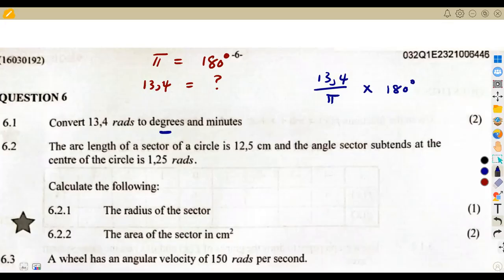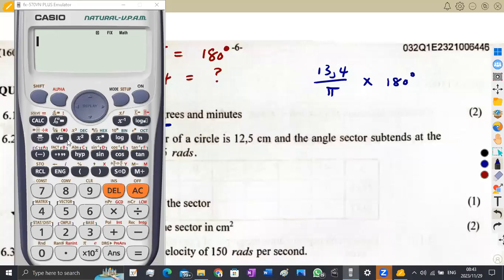Okay, so if we do this, let us just see our calculator also here so that we can have our values. Let me remove this fix and go back to the normal mode. So this is 13.4 over pi, in this case like this.